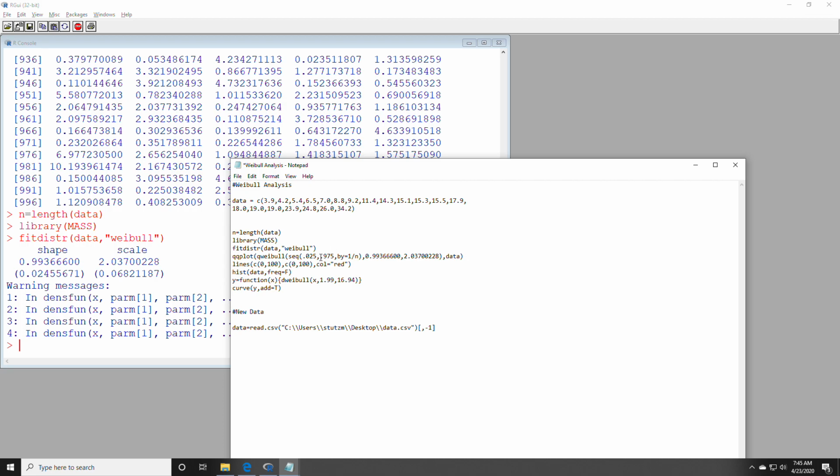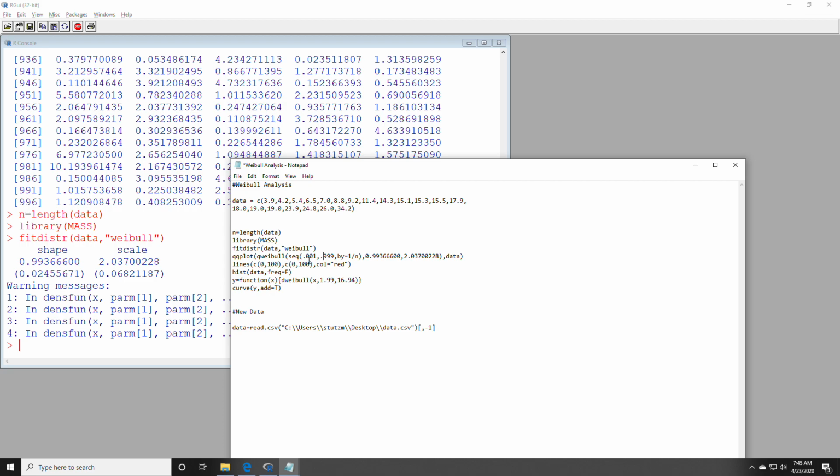Okay, so what I need to do is I need to change this to account for the fact that there's 1,000 observations. So I need to change it to this. Basically you just need to think about, if I have 1,000 observations, then I want to take 1,000 steps.